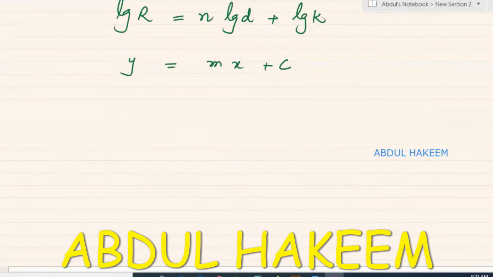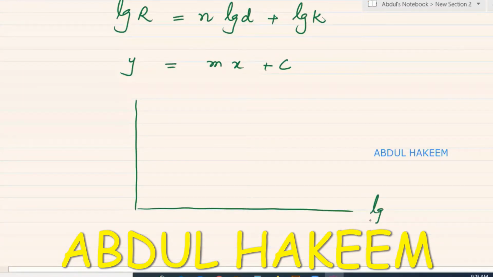If the graph is plotted between lg d, log has no unit, but d has unit meter, so we have to write the unit of d in brackets. Then this is the origin, and here the lg R, and R's unit ohm must be in the brackets.